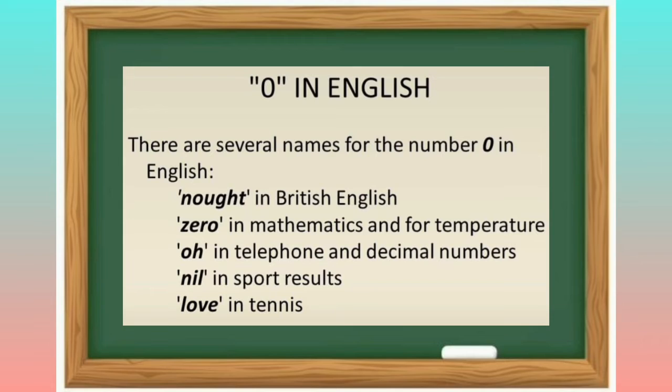The first is zero, and then O, then naught, and the last is nil. However, zero is the most commonly used, and O is sometimes used when reading a string of numbers out loud.